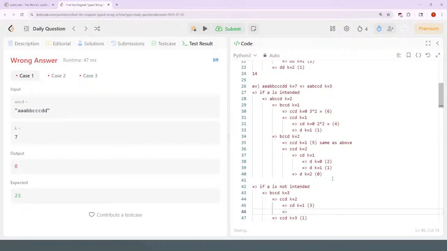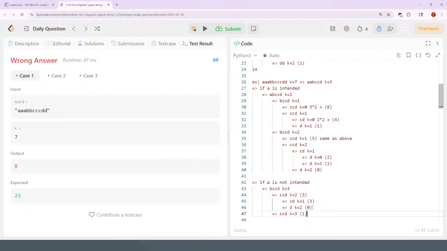Alternatively, it could be DK equals 2, which is 0. I guess this is all part of this branch here. There's a total of 3. Okay, so summing that up, that's 4, 4, 7, 12, 22, 23.